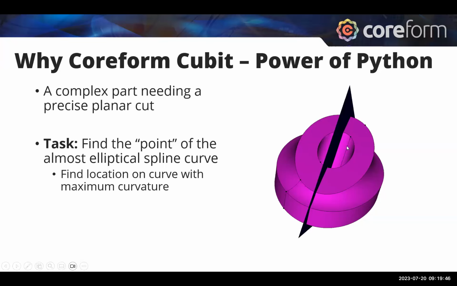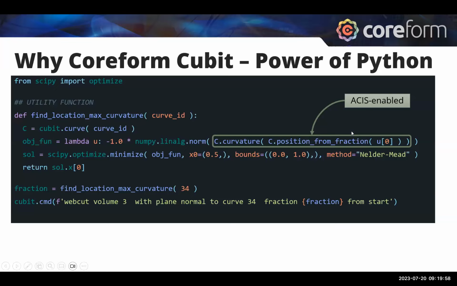So what I wanted was a cut that was not based on these curves that are maybe implied, but rather I want to cut through the point of this ellipse and cut it in half there. And so what Coreform Cubit and Python allow me to do is write a small function using SciPy, the scientific Python module, using its optimized library. So I don't have to write my own optimizer.